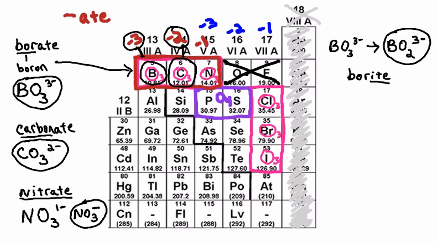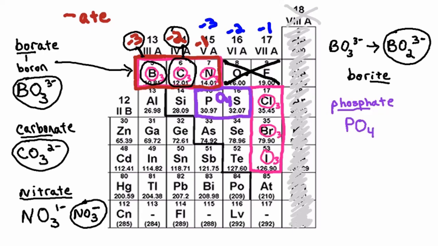Now what about this box in the middle with the phosphorus and the sulfur in it? Well, let's try one of those. Phosphate is what we want. So that's phosphorus, which is the letter P. And P is in that purple box where it gets 4 oxygens.